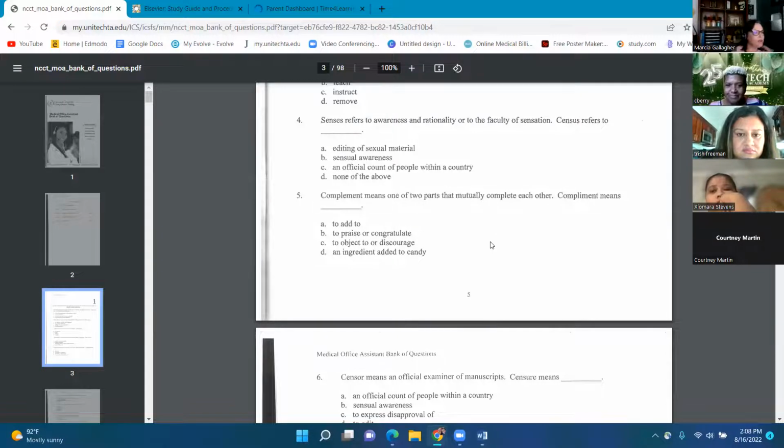Complement means one of 2 parts that mutually complete each other. Compliment means to add to praise or congratulate, to object to or discourage, an ingredient added to candy. Okay, well, let's stop and think about it. Complement means one of 2 parts that mutually complete each other.